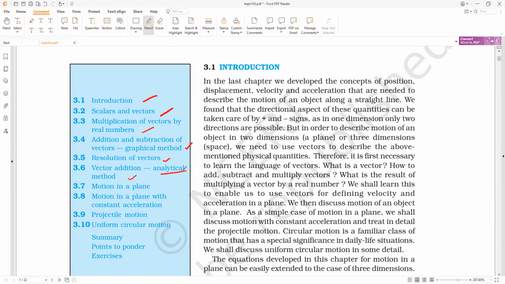That is what we are studying now. And motion in a plane is missing: motion in a plane with constant acceleration, projectile motion, and uniform circular motion. These three things are remaining. These three things alone we'll discuss after 2 or 3 days. So till here, almost we completed everything.